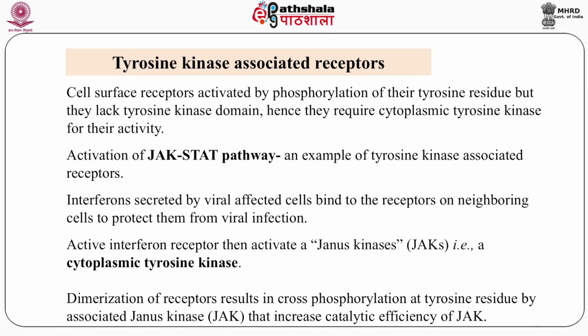These JAKs then activate STATs, which are signal transducers and activators of transcription, by phosphorylation, and then allow them to enter the nucleus to control the expression of different genes.